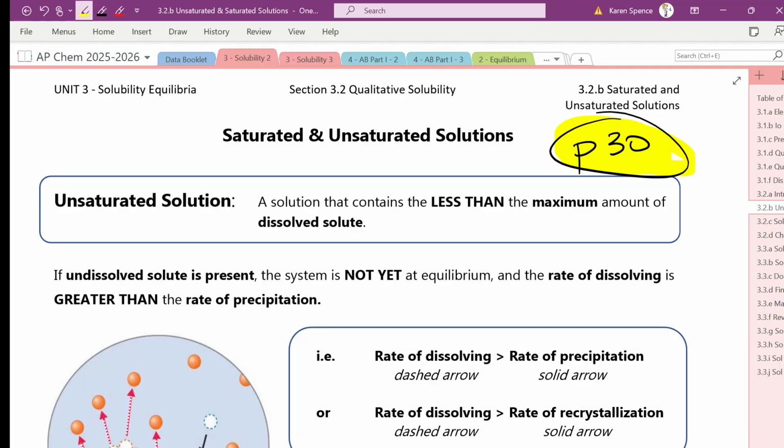It is saturated. So if we have a solution which is saturated, what does it mean about that solution? Yeah, you've dissolved the maximum amount possible and you cannot dissolve any more. You can keep throwing solid in there and stirring and nothing more will dissolve because you've already hit the maximum.